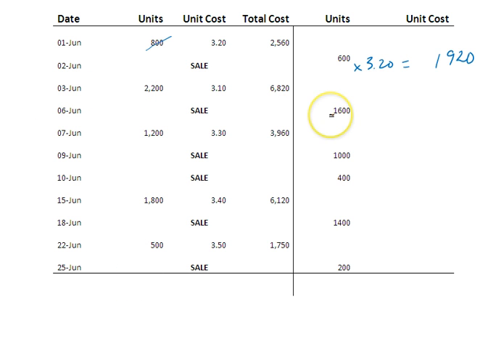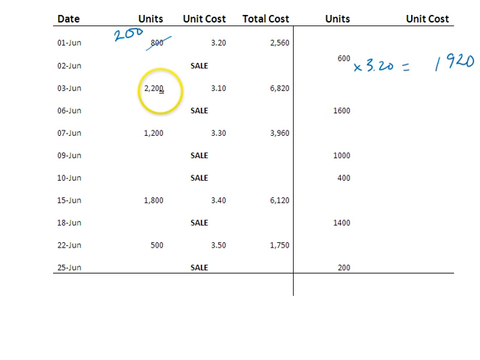On the 6th, we sold 1,600 units. Oh, sorry, I made one mistake here. Let's just write how many units we still have here. So remember, of the 800, I sold 600, and that leaves 200. Okay, back to June 6th, I sold 1,600 units.